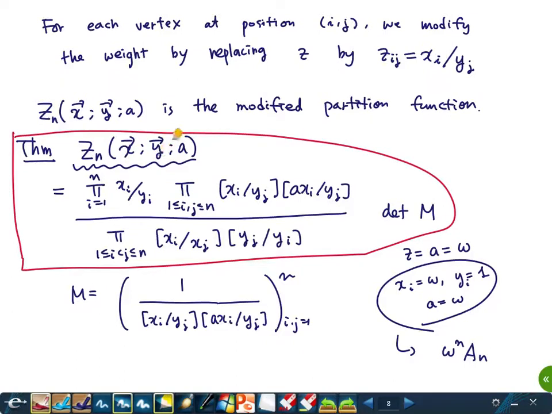But it turns out that this partition function is symmetric in the variables x1 up to xn and symmetric in the variables y1 up to yn. In other words, if you exchange xi and xj, this does not change. Also, if you exchange yi and yj, it does not change. But it's not clear at all. We will prove that first.